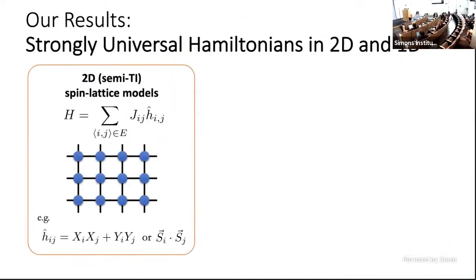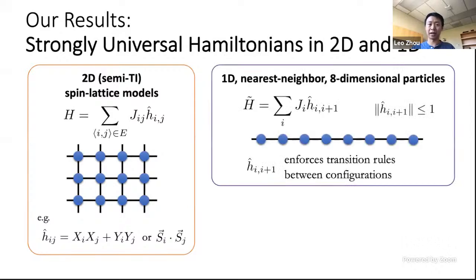But in our result, we were able to show that using better encodings, these very same spin lattice models in 2D are in fact strongly universal. We took it a step further and showed that a very simple 1D Hamiltonian, where we only use nearest neighbor interaction on the line, where the particles have 8 levels, 8 dimensions, is also strongly universal.